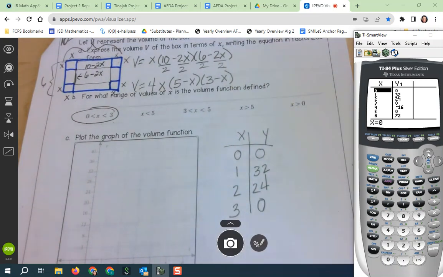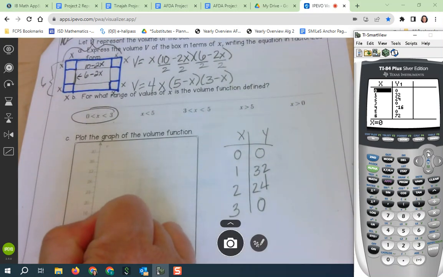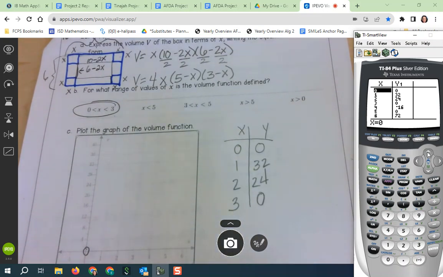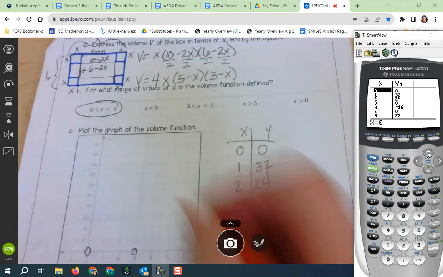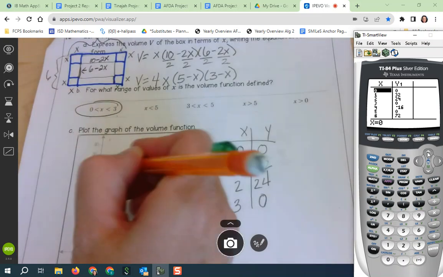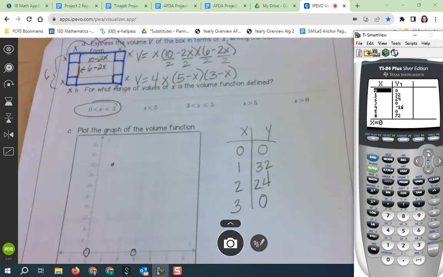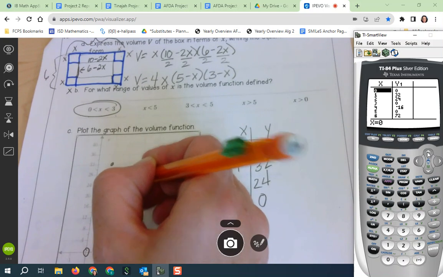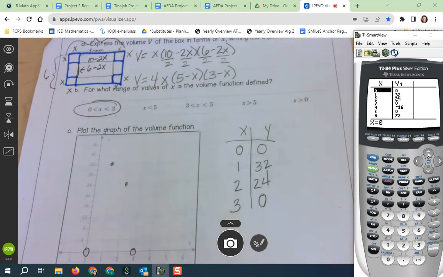Here, I'm going to use an empty dot to indicate not including that point, and the same thing at 3, an empty dot not including that point. And then I have 132. And then I have 224.